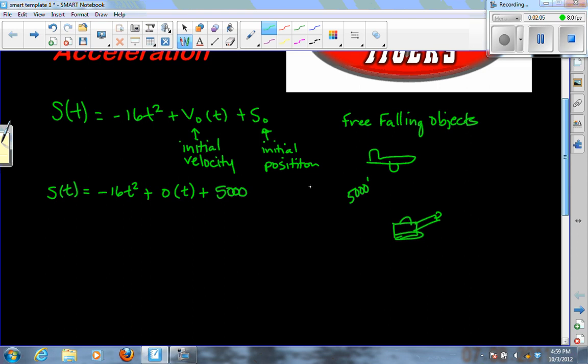When would this bomb hit the ground? Well, the ground's position is 0. So I want to set my position equal to 0 and solve for t. 0 times t is 0, so this part goes away. So I would move the 5,000 over here, or move the 16t squared over here.